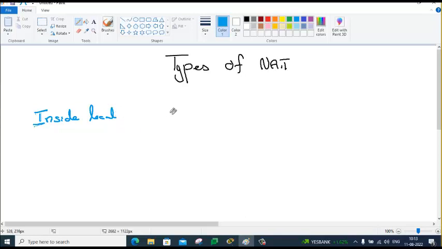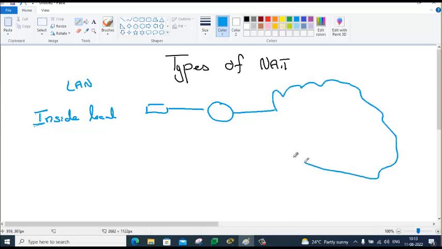Inside local means LAN network, and then you got a WAN connection to the internet, where you have an address or a subnet. Let's say serial 0 interface, this is Ethernet 0 interface. On serial 0 interface, there may be an address, or you may have a pool of addresses.